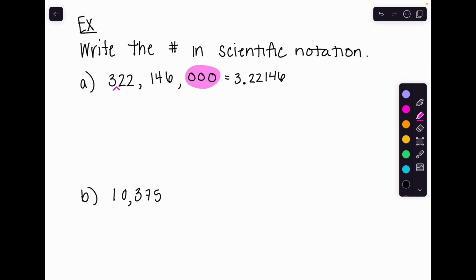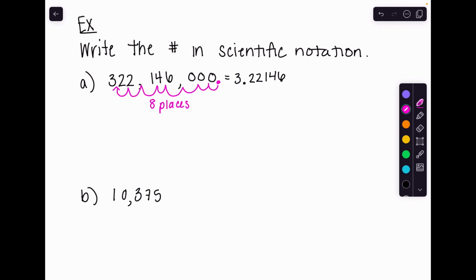I don't have to worry about zeros because remember, those are just the placeholders that we fill in the place. Okay. So in this case, originally in this number, my decimal was sitting here. So it's moved 1, 2, 3, 4, 5, 6, 7, 8 times.